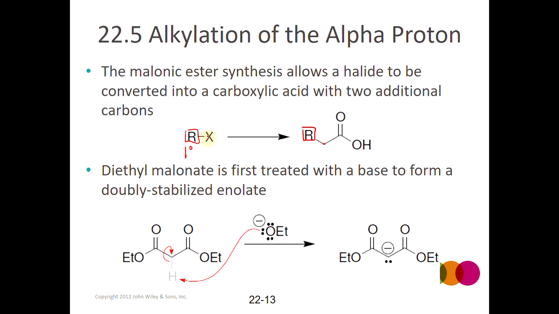So we're basically replacing the halide with two more carbons, one of which becomes a carboxylic acid. So here's the method by which we do that. We start with diethyl malonate.